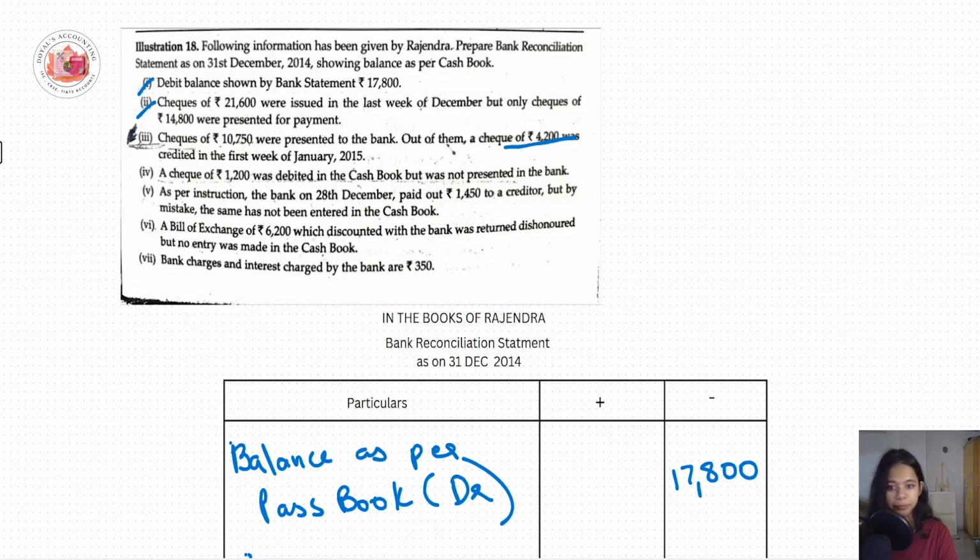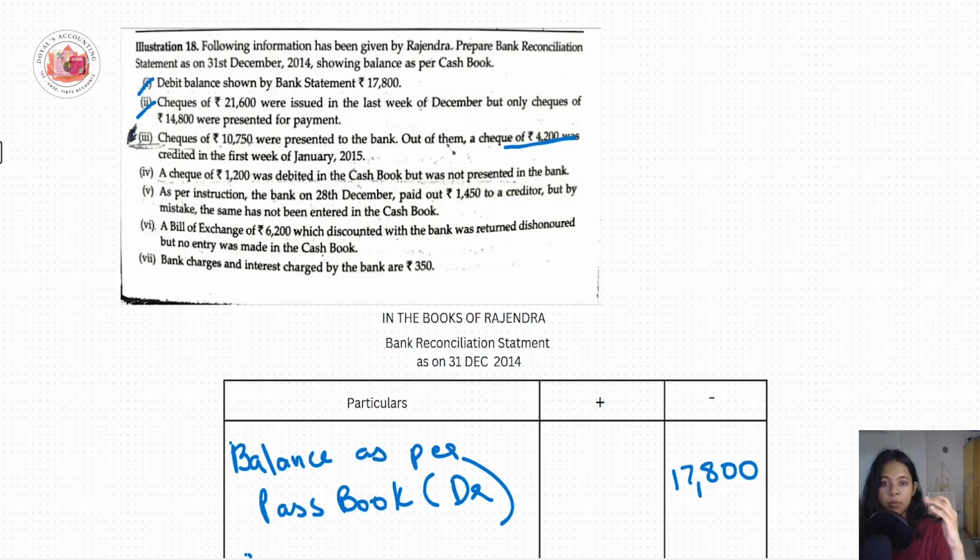See, checks worth rupees 10,000 were presented to the bank. In the cash book, we have recorded that we have immediately received the entire amount. But checks worth 4,200 were credited in our bank account only after January. So up till 31st December, there is a discrepancy.